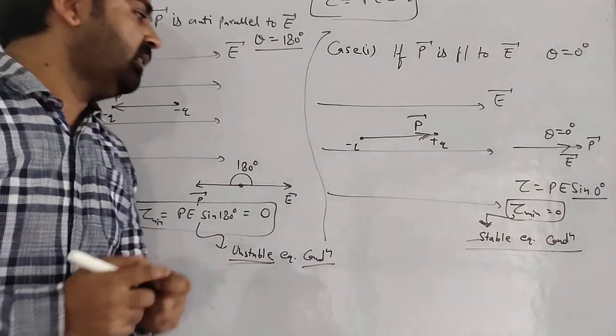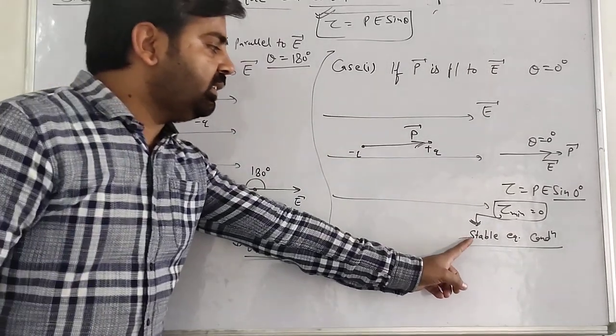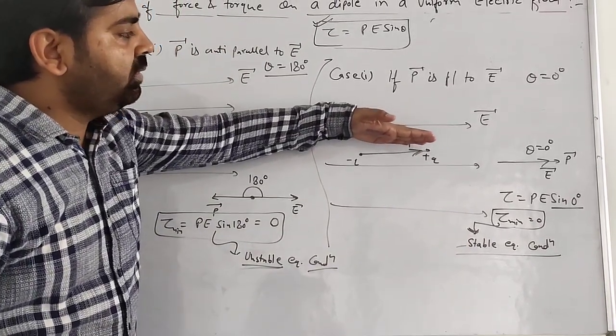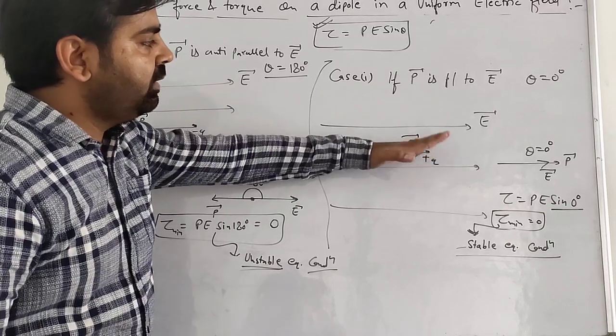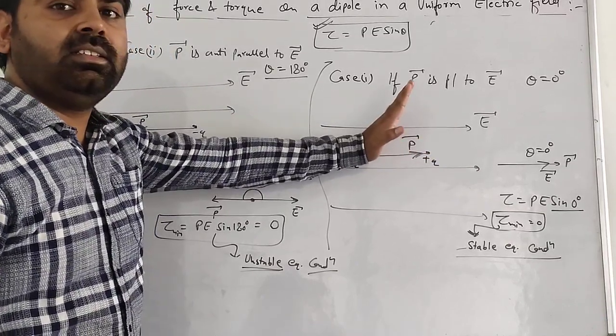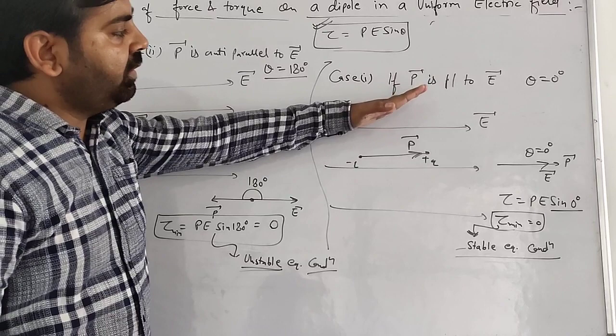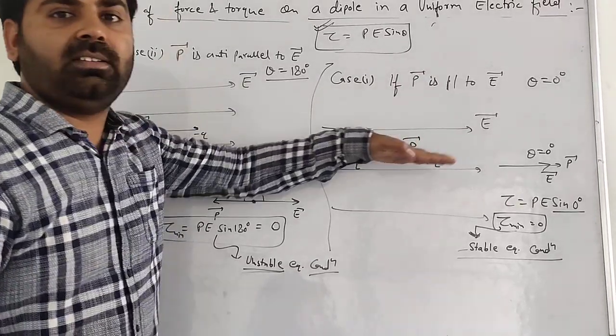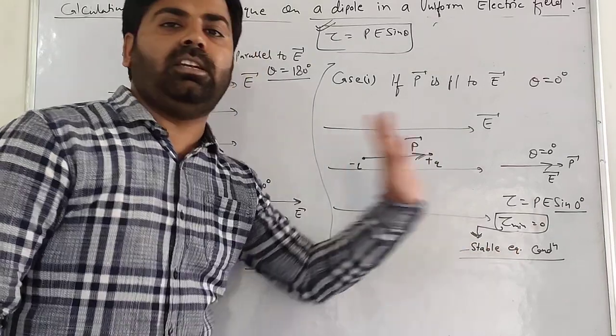What is stable or what is unstable condition? I discuss about it. In stable condition, if the dipole is turned at some angle theta, then automatically it returns from that angle to its 0 degree position. So it is called stable equilibrium condition.